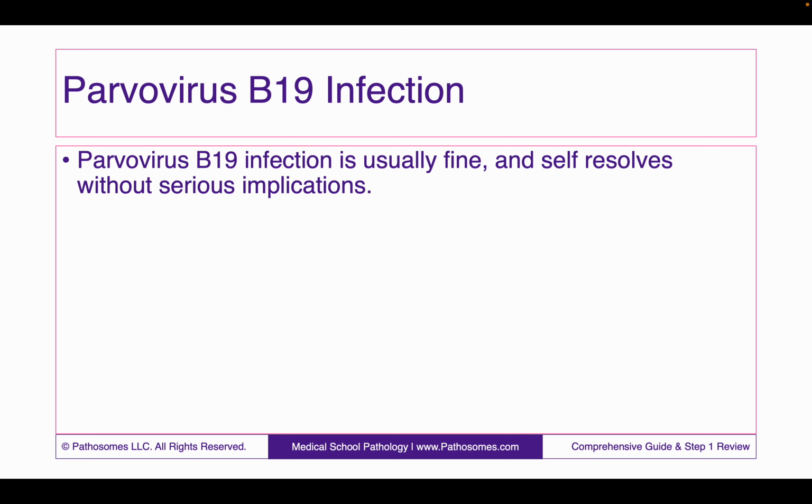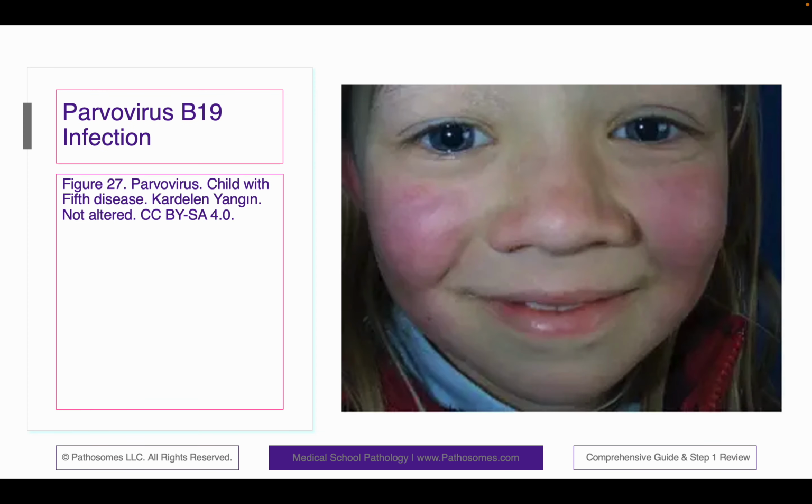Parvovirus B19 infection is usually fine and self-resolves without serious implications. Here's this young child again. You know that she has Fifth disease, right? Due to Parvovirus B19 infection. Future pediatricians, be on the lookout for this.